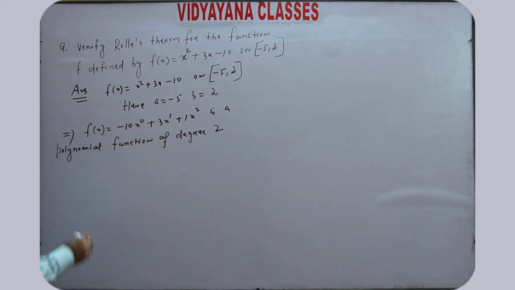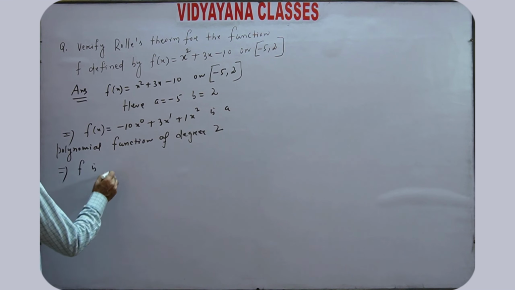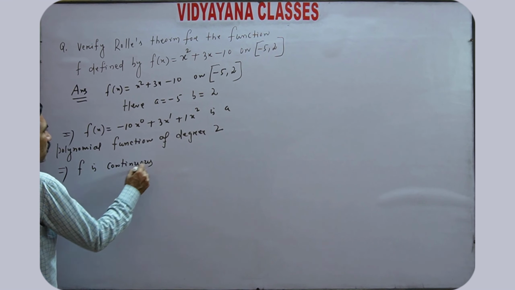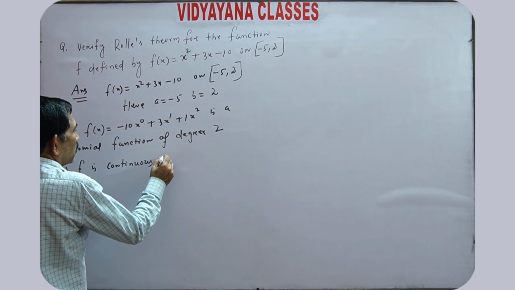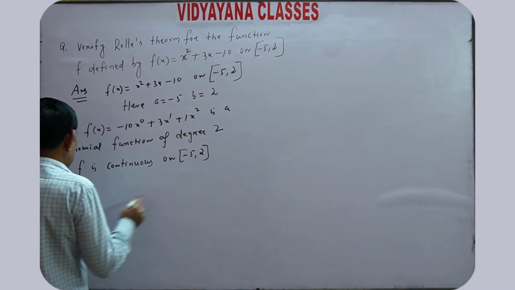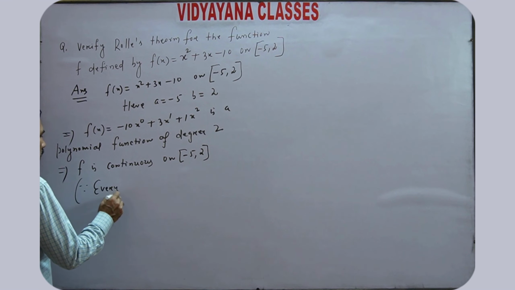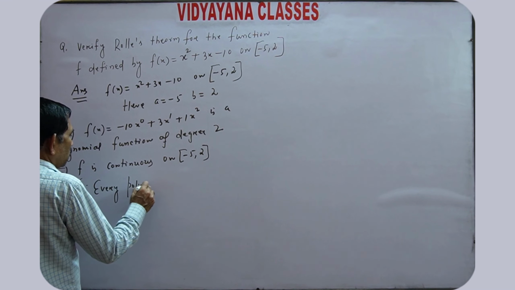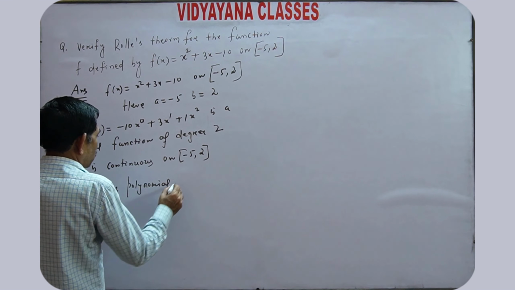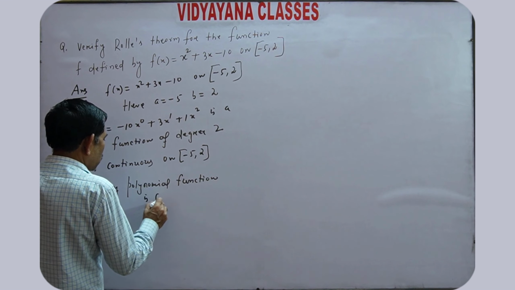Here this implies f is continuous on the closed interval minus 5 to 2, since every polynomial function is continuous.